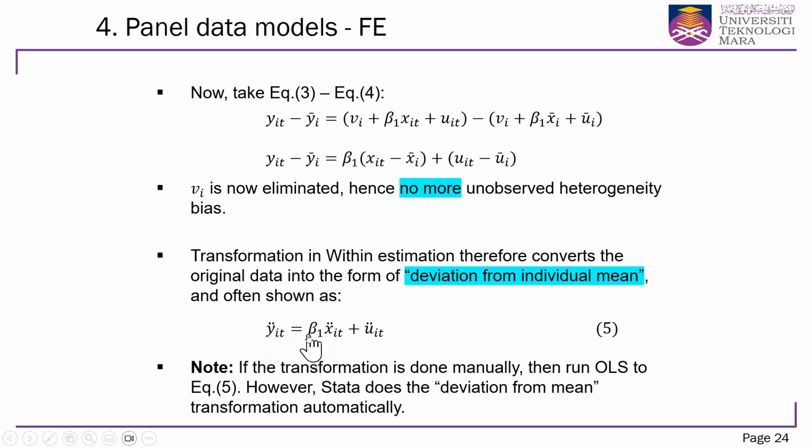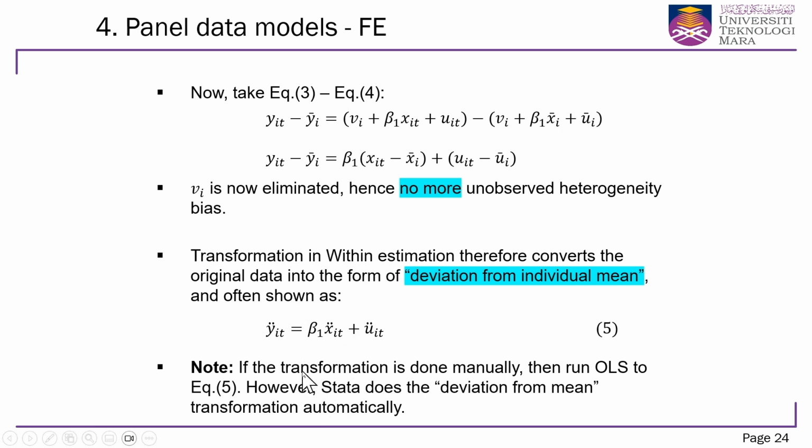Y double dot equals beta 1 x double dot plus u double dot. We no longer have v now because v will be eliminated. The average of v is v itself. So v minus v, then v will be gone. So in other words, the transformation by the within estimation captures and controls the unobserved heterogeneity factor vi, and finally gives us the correct estimate of the coefficient of x1 on y.